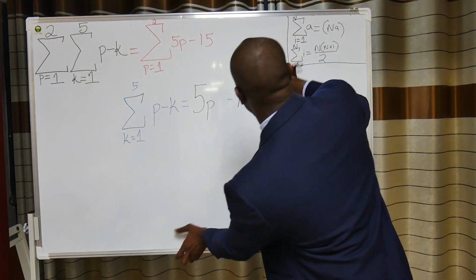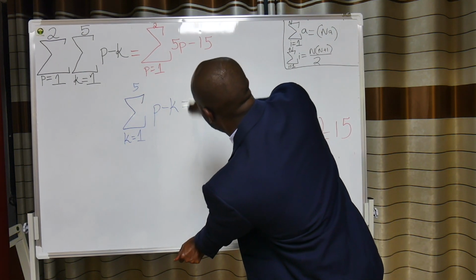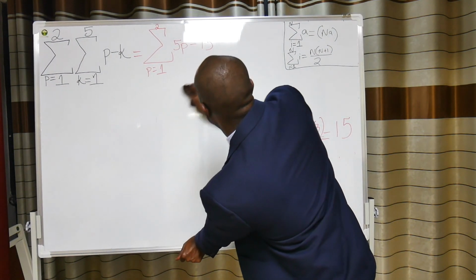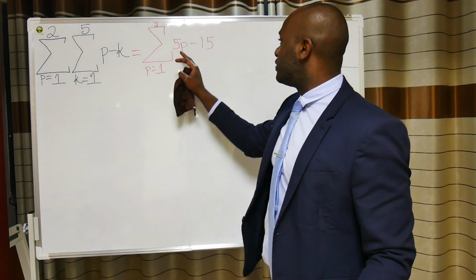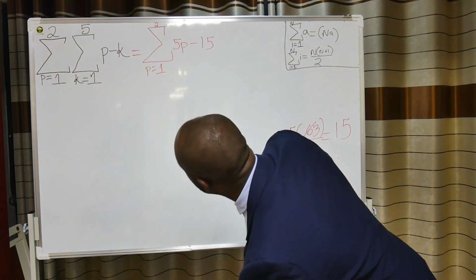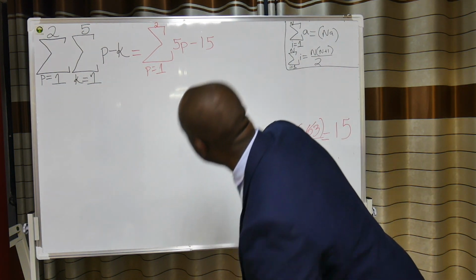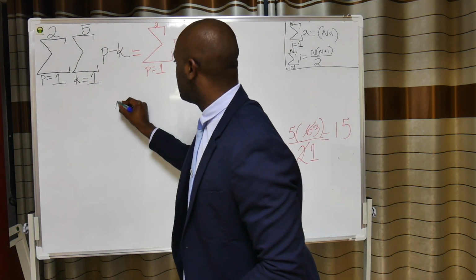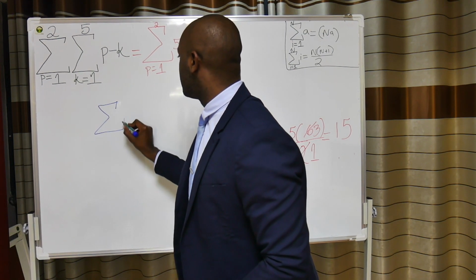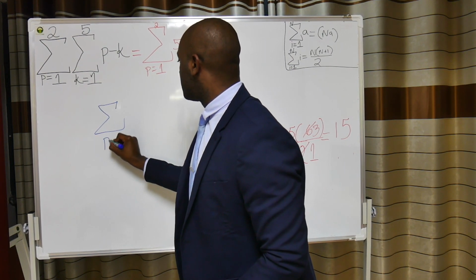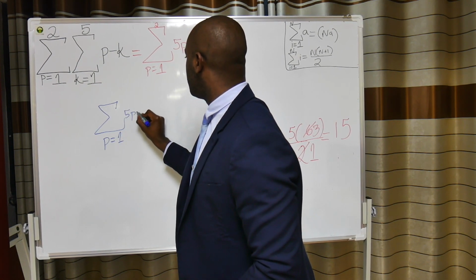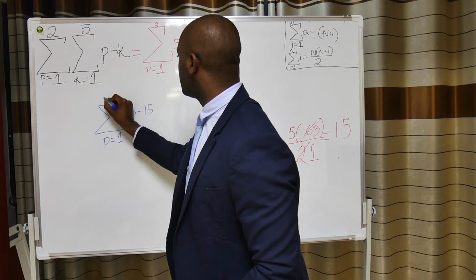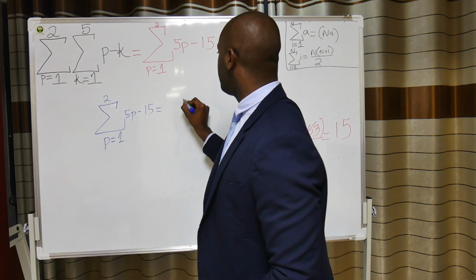I'm going to erase this work to give us more space to work with. So the question is, how can we solve this 5p minus 15 from p equals 1 to 2?